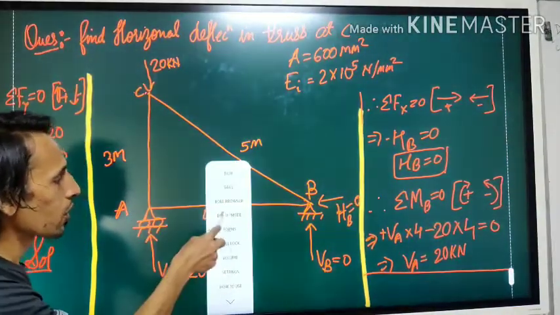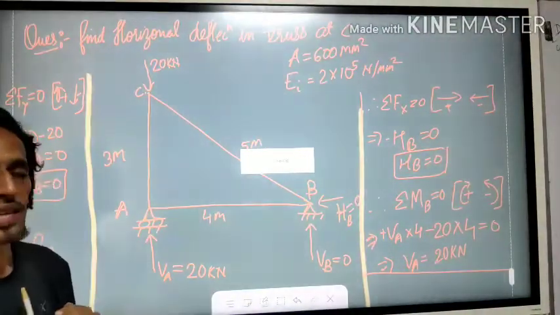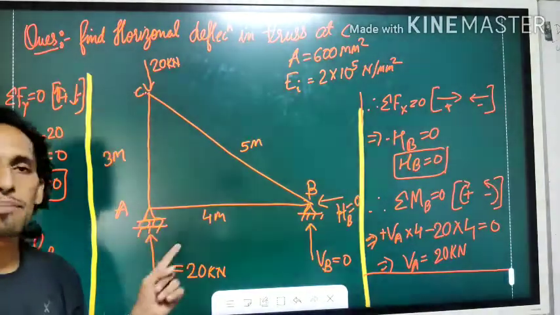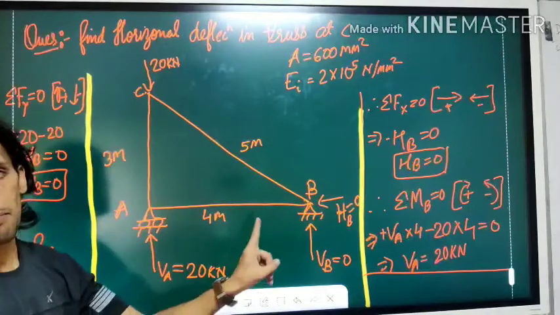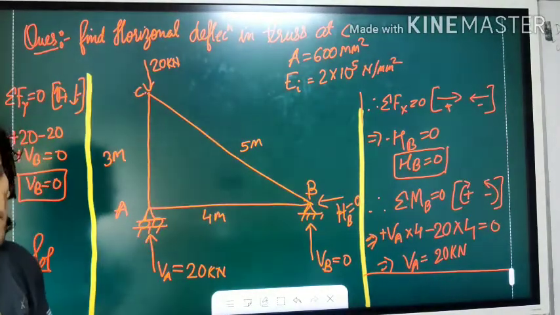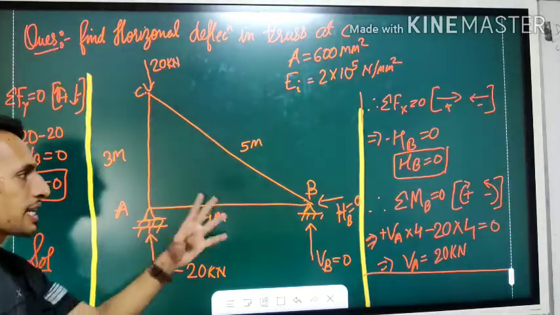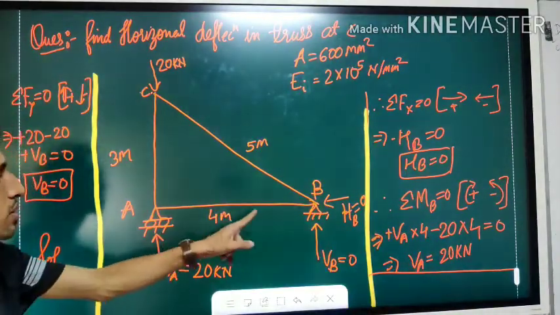Now what we are required to do? We are required to find the value of PIs. What are PIs? They are the member forces in these three members. So let's start calculating them. Before that, check whether there is any zero member force here.